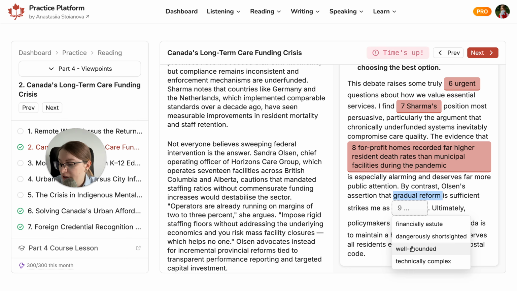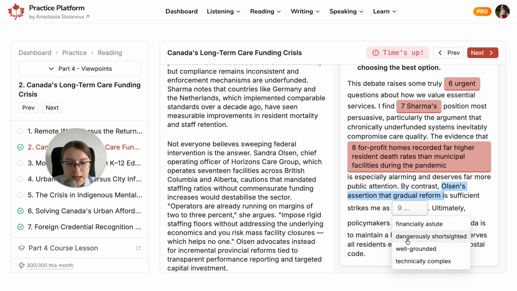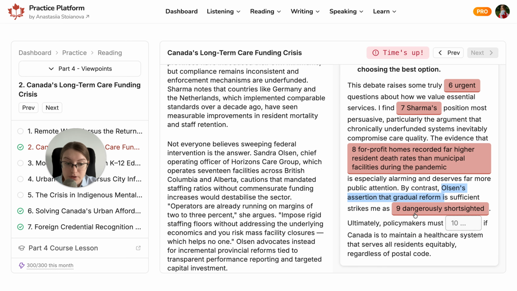But if we think about it this way, the reader, the commenter, supports urgent reform. And we could see that because they talk about Sharma's position. So the reader would criticize Olsen, and we need here something negative, logically. So that would be dangerously short-sighted, meaning it will not consider the future consequences if we don't act right now. So this would be the correct answer.